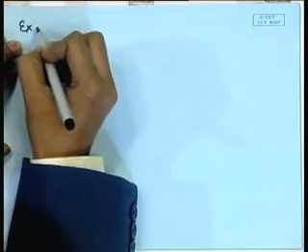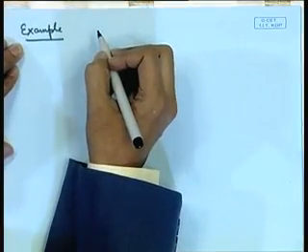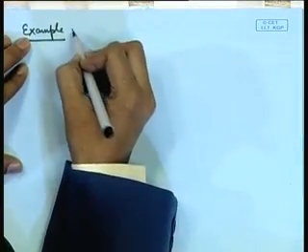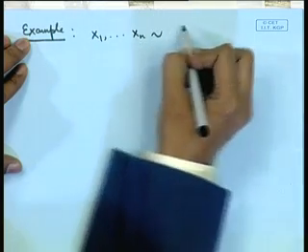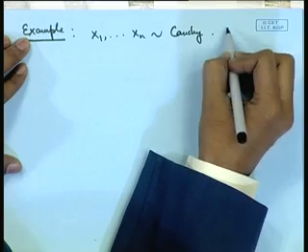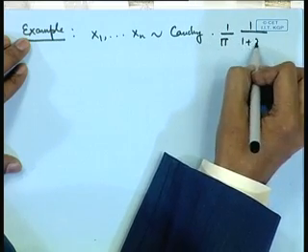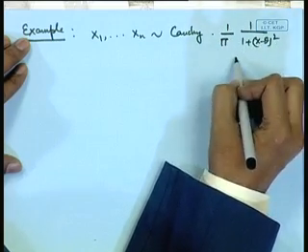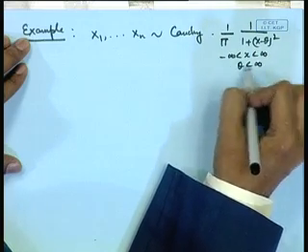Let us take another example where the argument may follow a different path. Consider say x 1, x 2, x n following say Cauchy distribution with the density function 1 by pi 1 by 1 plus x minus theta square, where x is any real number, theta is any real number.